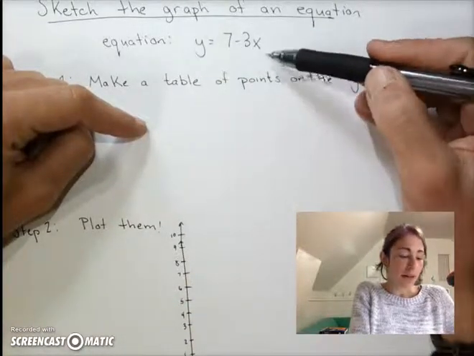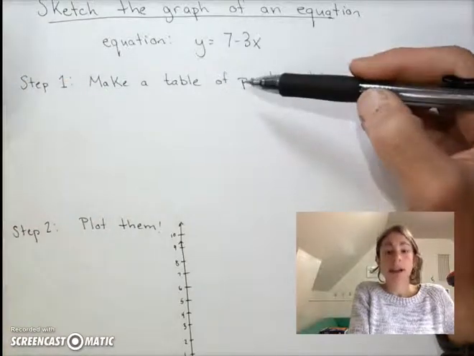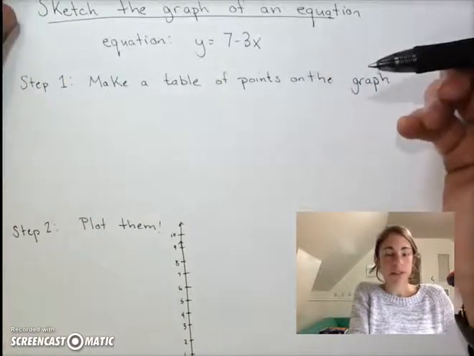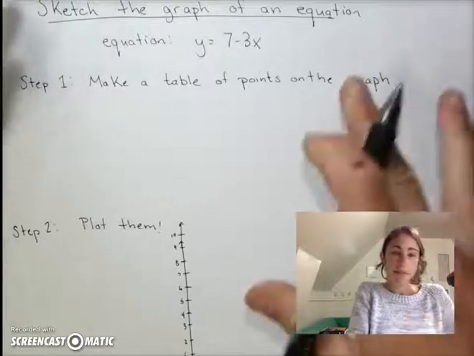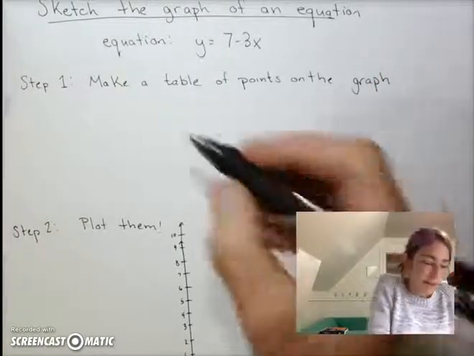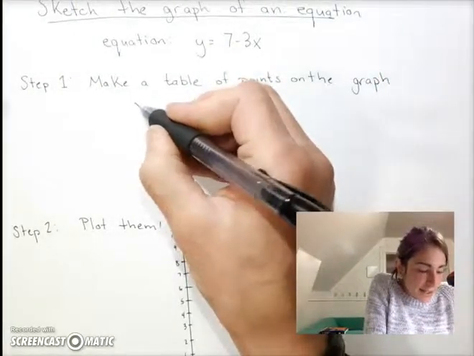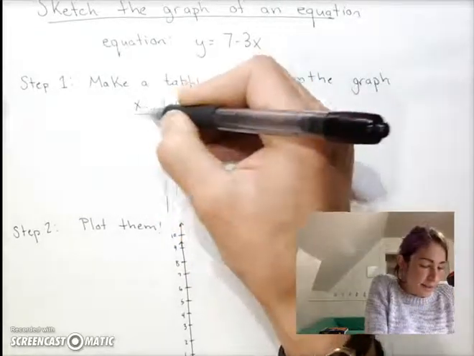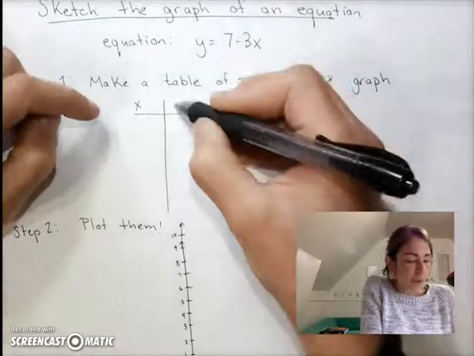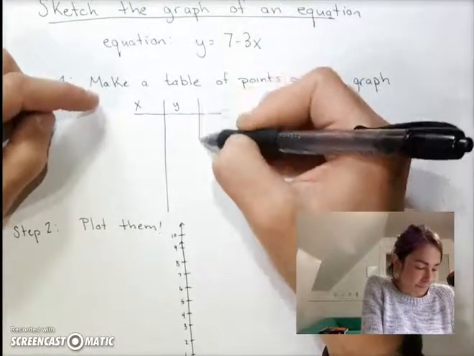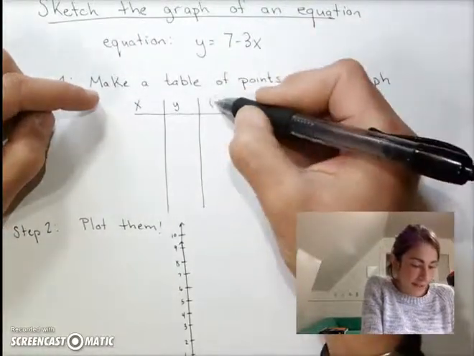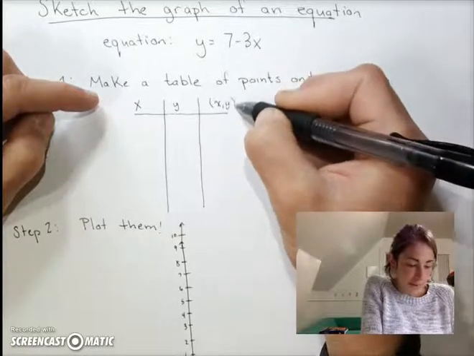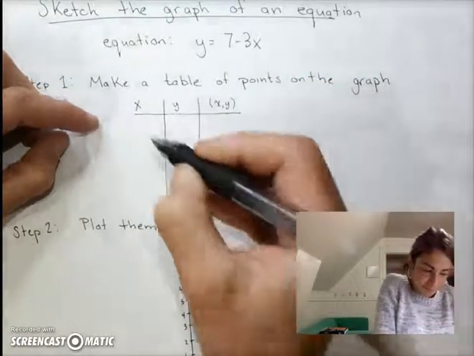For example, we know that this equation is a line, and later we'll learn how to graph it just by that property. But for now, we'll make a table of values. So my table is going to have some x values, and then some y values, and then each of those will give me a point on the graph if I put them together.